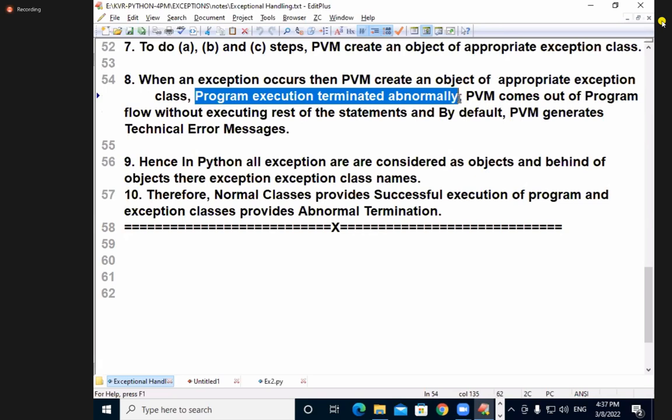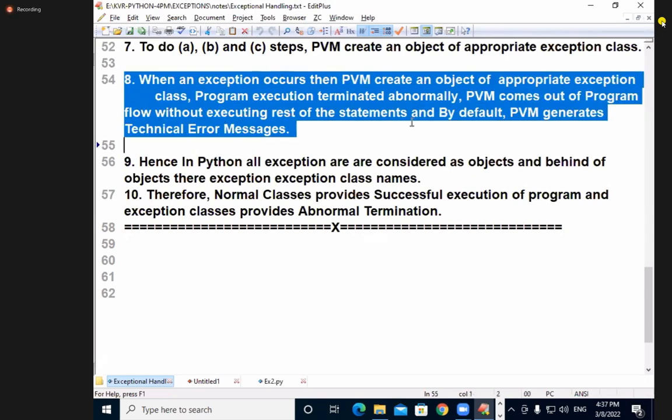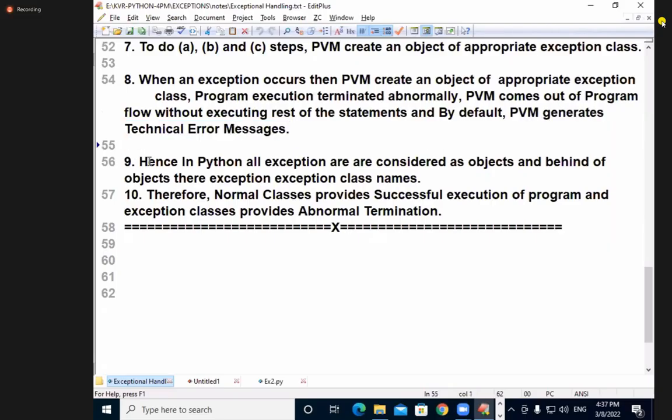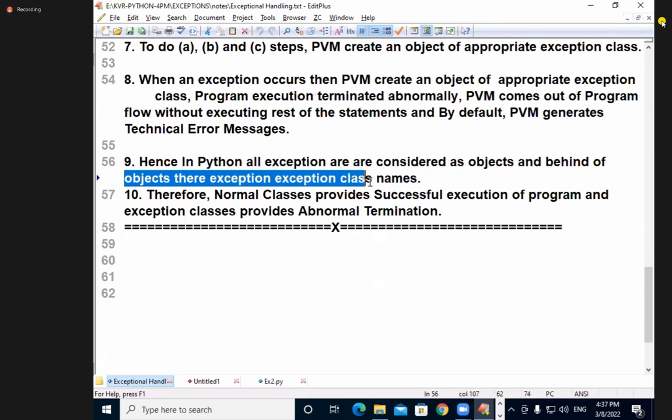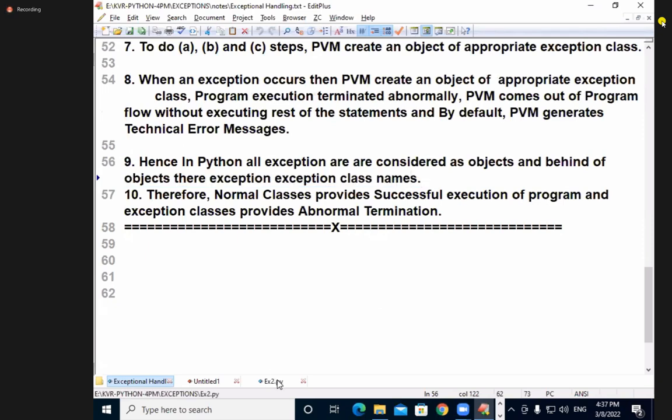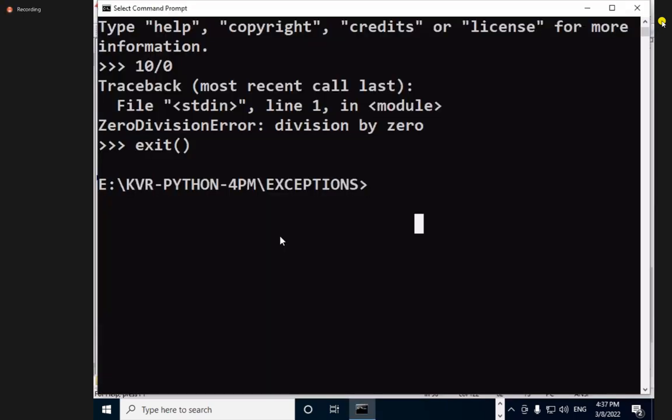PVM comes out of the program flow without executing the rest of the statements in the Python program, and PVM generates technical error messages. Hence, in Python, all exceptions are considered as objects, and behind every object there exists a class. If you remember yesterday's class, you will be smooth. Otherwise it is difficult for you. I can't repeat the same process daily.